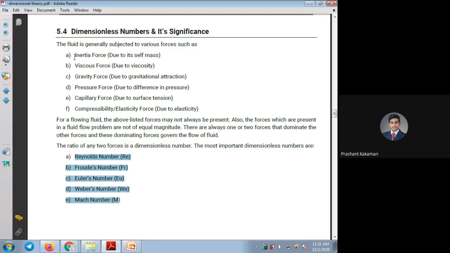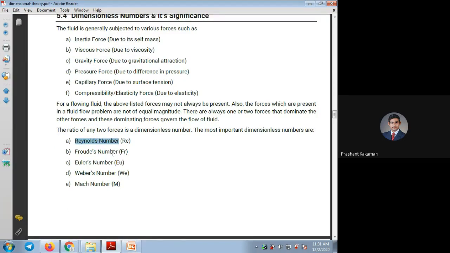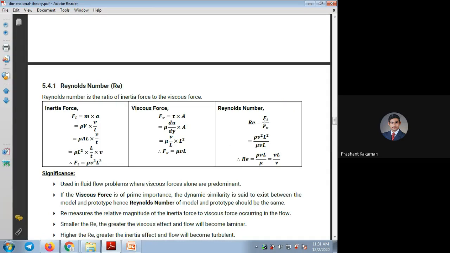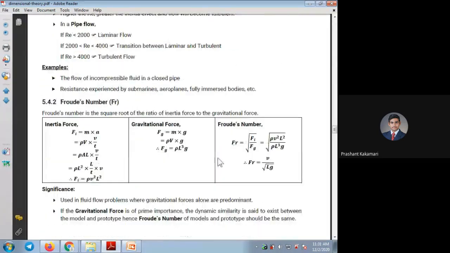The inertia force is common for all the dimensionless numbers in fluid mechanics. Which ratio is taken defines the dimensionless number. Only the Reynolds number does not have the square root, but all the remaining dimensionless numbers have the square root.